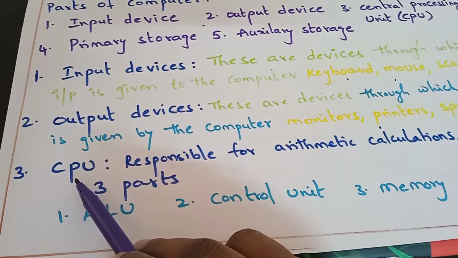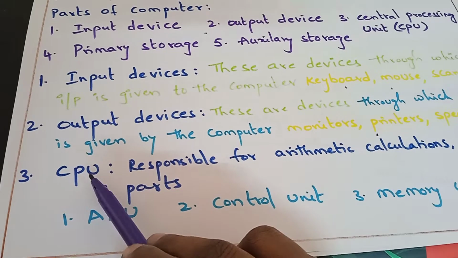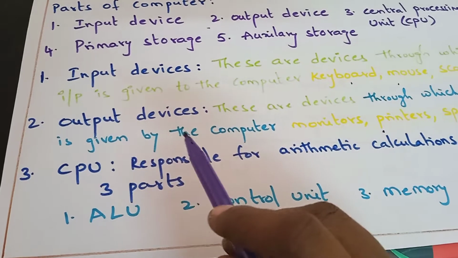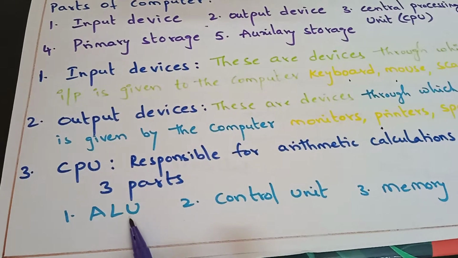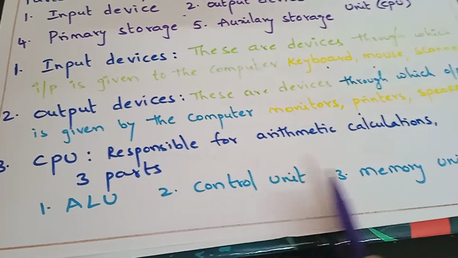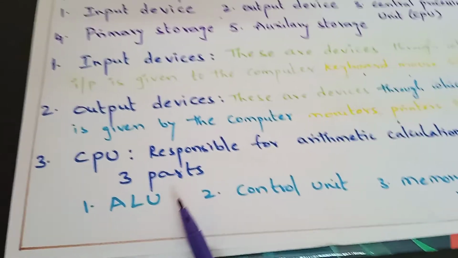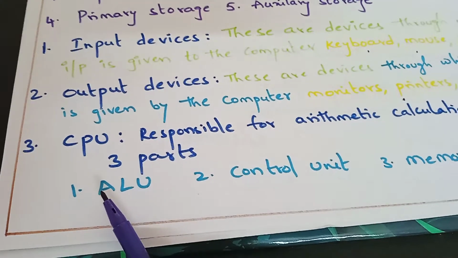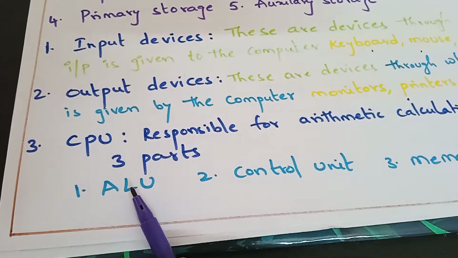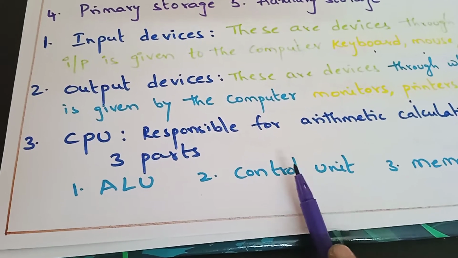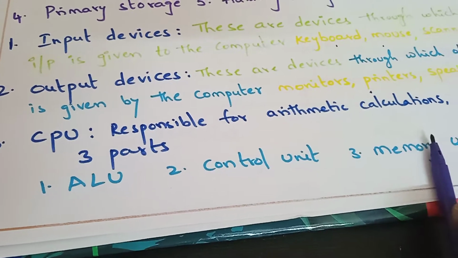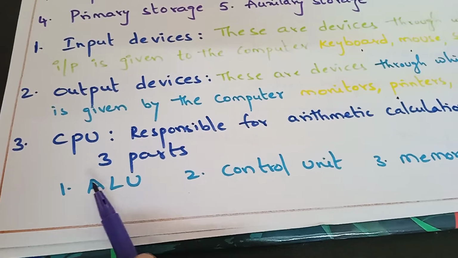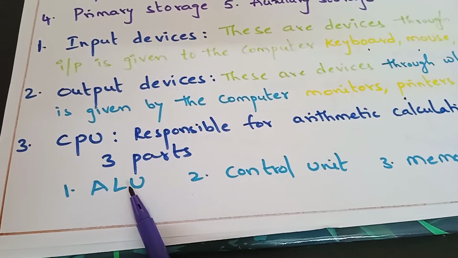There are three parts inside the CPU which help our task to complete: ALU, control unit and memory unit. ALU stands for arithmetic and logical unit. ALU is responsible for all types of computations, arithmetical and logical.